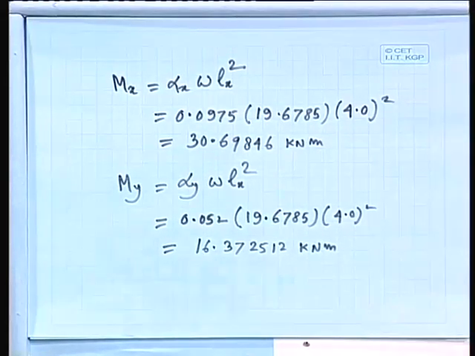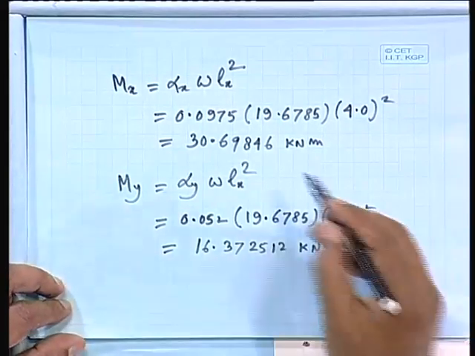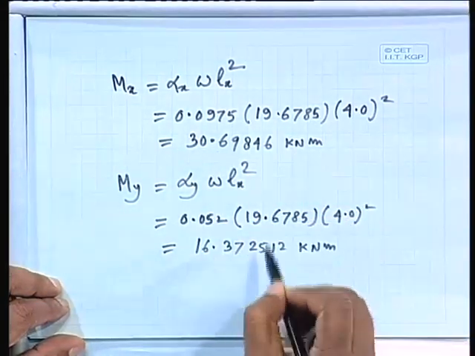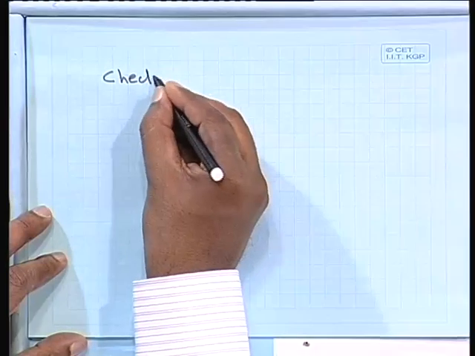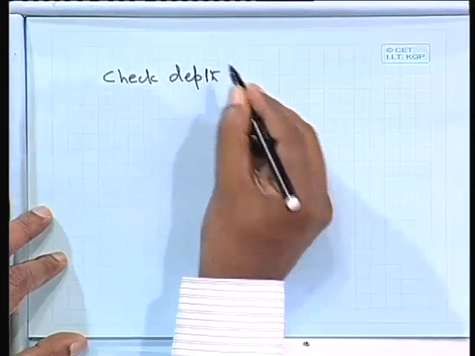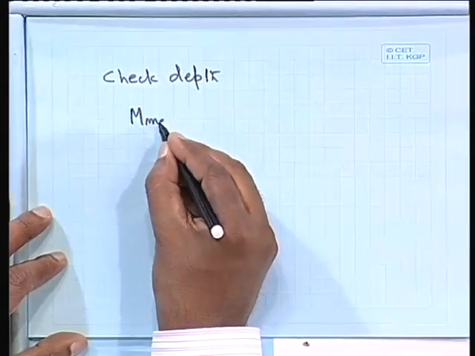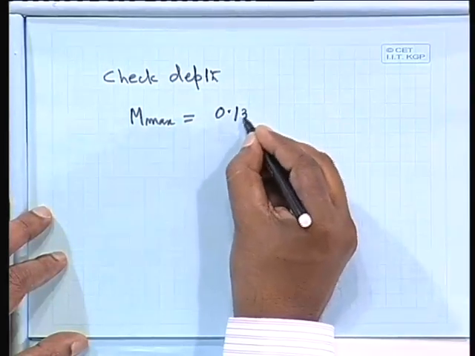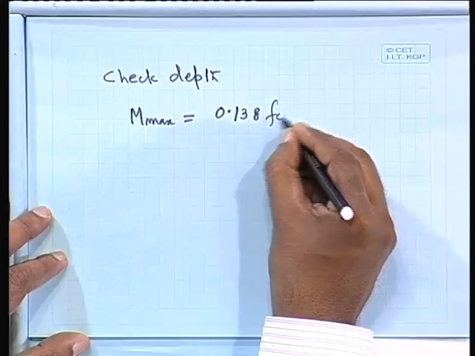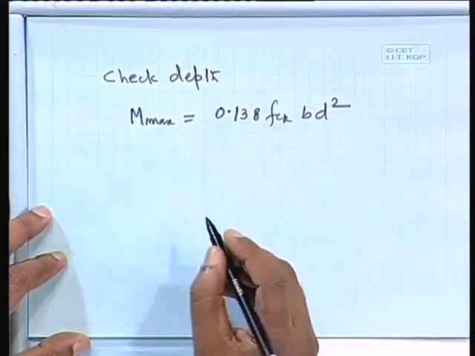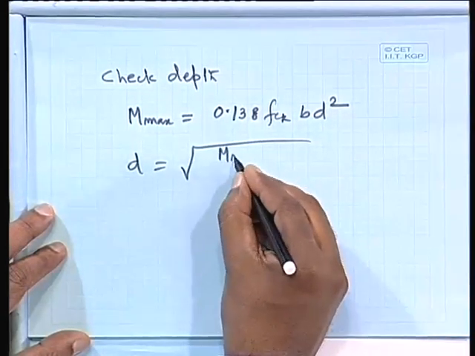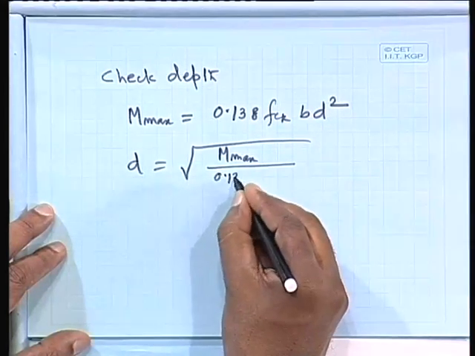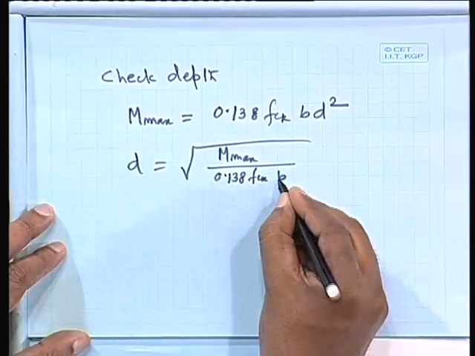Let us check depth. So Mmax equals 0.138 fck b d square, so d equals the square root of Mmax by 0.138 fck b.